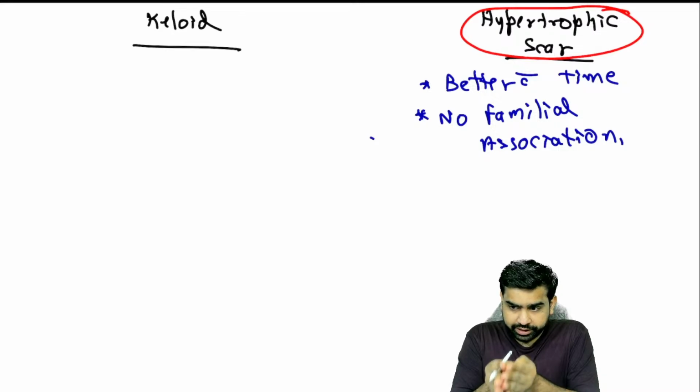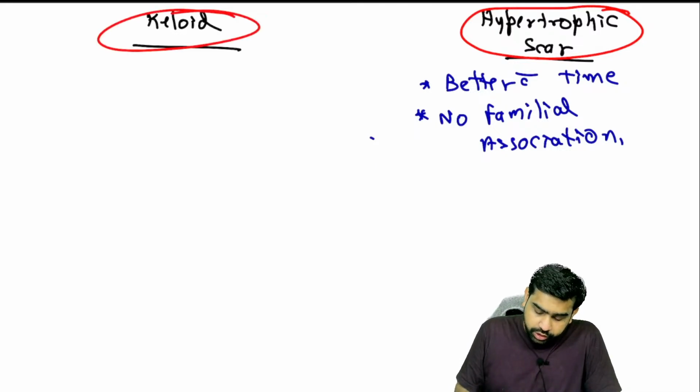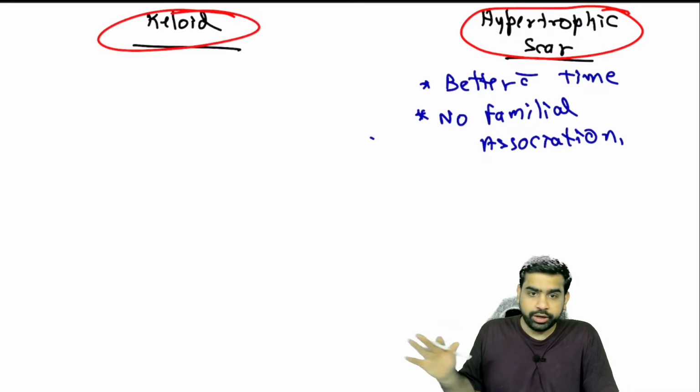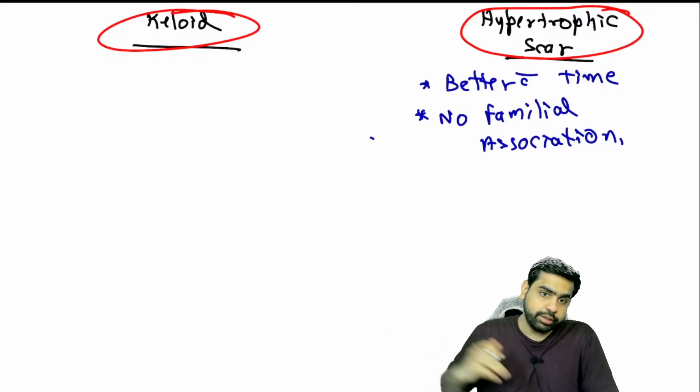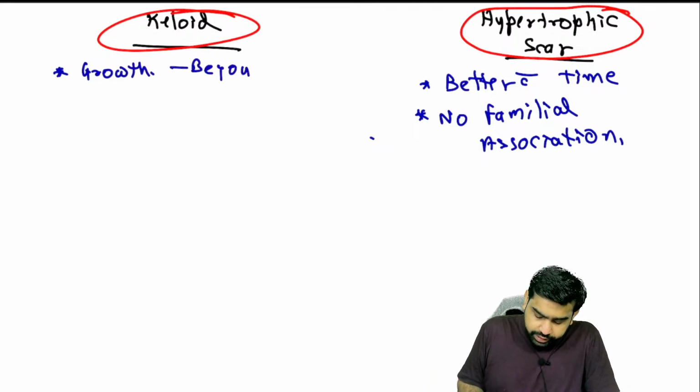But if the abnormality goes beyond the boundary of the scar, that is a keloid. So a keloid is when the growth of the scar is beyond the boundary of the scar.